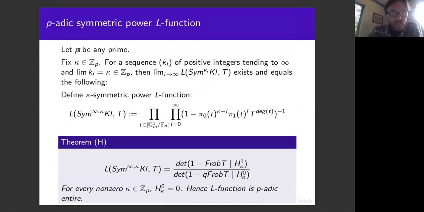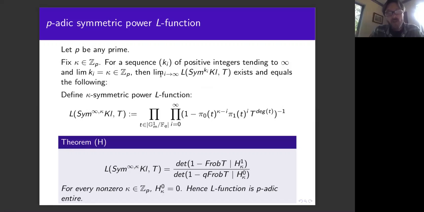So now, not talking just about p equal to 2 or 3, take p to be any prime, and then fix kappa to be a p-adic integer. And then take a sequence of positive integers that are tending to infinity, but at the same time, their p-adic limit is kappa. So positive integers tending to infinity, but the limit is kappa p-adically.